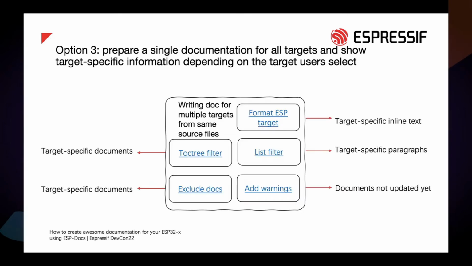So how does ESP Docs achieve that? Then there comes the first block of features, writing documentation for multiple targets from the same source files. There are 5 extensions here.